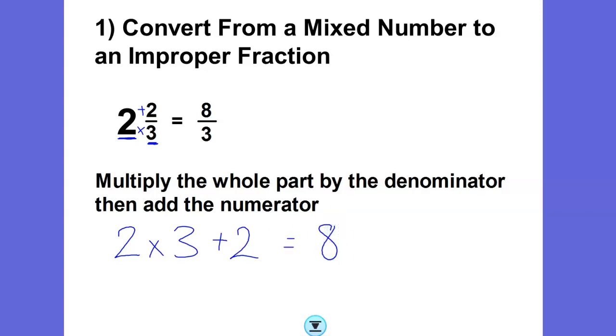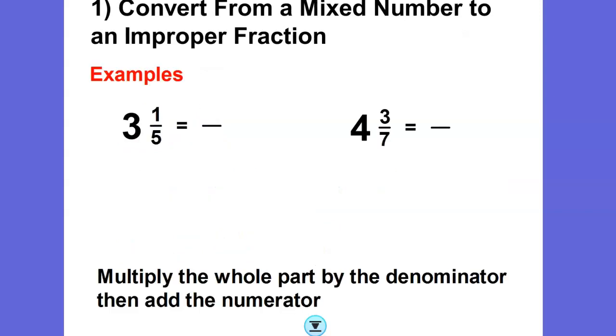And then the denominator always stays the same. So we end up with 8/3 as our fraction. 2 and 2/3 is equal to 8/3. Multiply the whole number, 2 times 3, add the numerator.